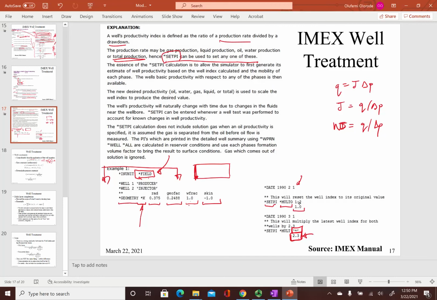Here, for the first 2 wells in the domain, multiply the productivity index for the oil phase by 1, so leave it unchanged. And by the way, how do I know this 1 to 2 was for the wells and not for the grid blocks? It corresponds to these. It's a keyword that applies to the well and not the grid block.